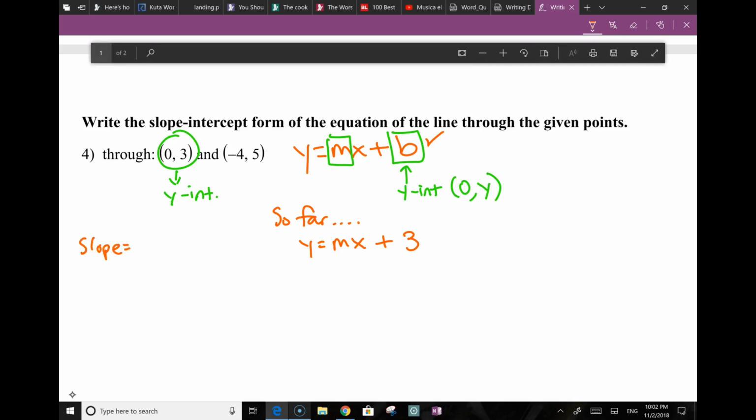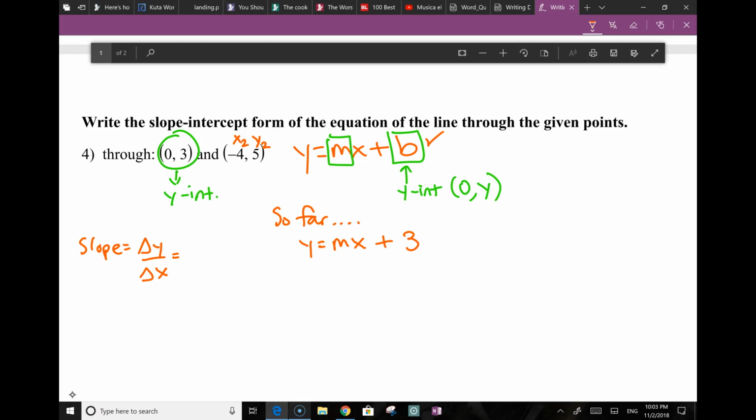The slope is equal to the change in y over the change in x. And if I plug in my numbers, if I call this my second x and I call this one my first y, and this my second y, the order doesn't matter, whether it's x1, y1 or x2, y2. Just pick some place to start.